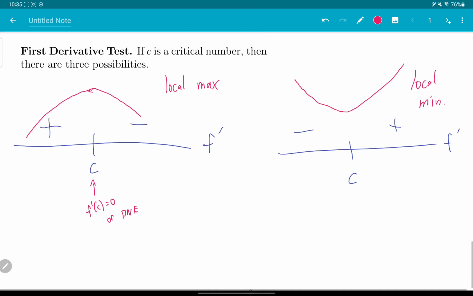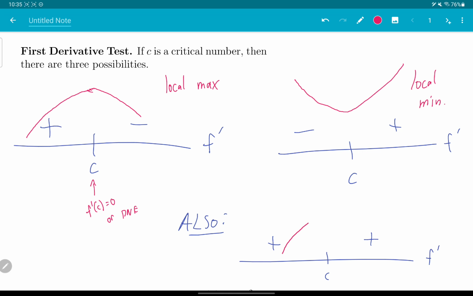Now you can also have a situation where neither. You have your c here, and f prime is increasing before and increasing afterwards. This does occur, so you could have something going increasing, increasing, increasing, momentarily flat, and then increasing again afterwards.